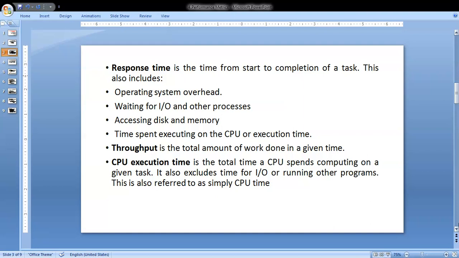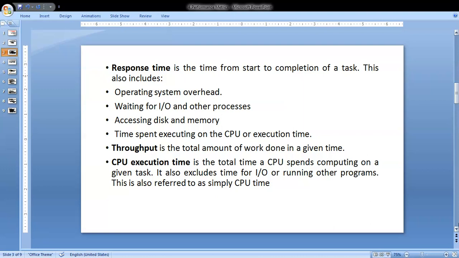The next one is waiting for IO, that is input output devices and their operations, and also other processes. Processes, in the sense, we can take it as the multi-threading concept. The next one is accessing a particular disk or memory, that is accessing the peripheral devices and the memory management systems.